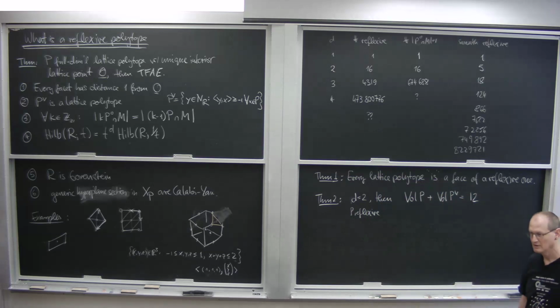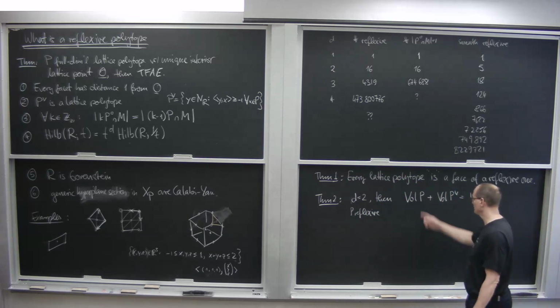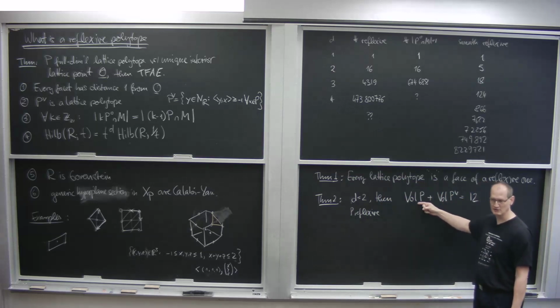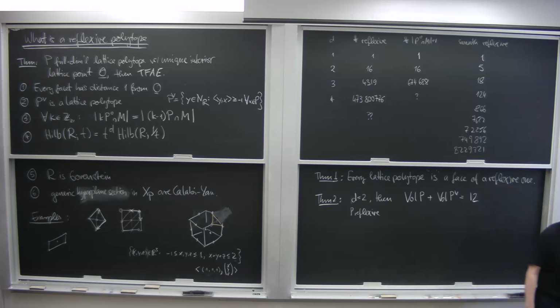Which in this case is just 2 times the Euclidean volume. It's just d factorial times the standard volume. You could figure out if this could be written in terms of the Hilbert series or its numerator.